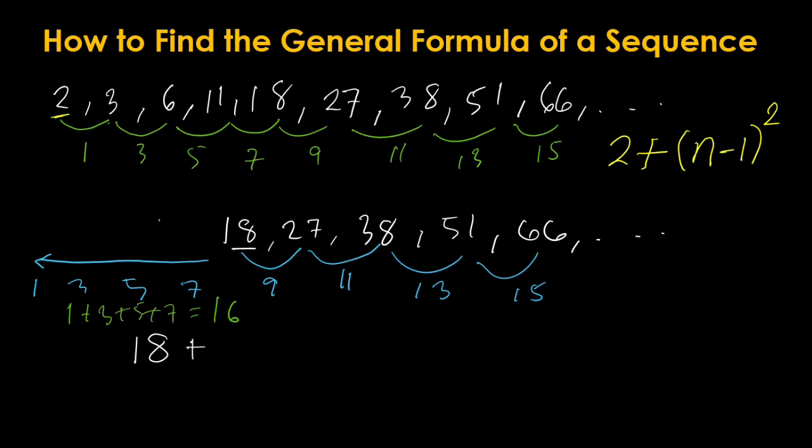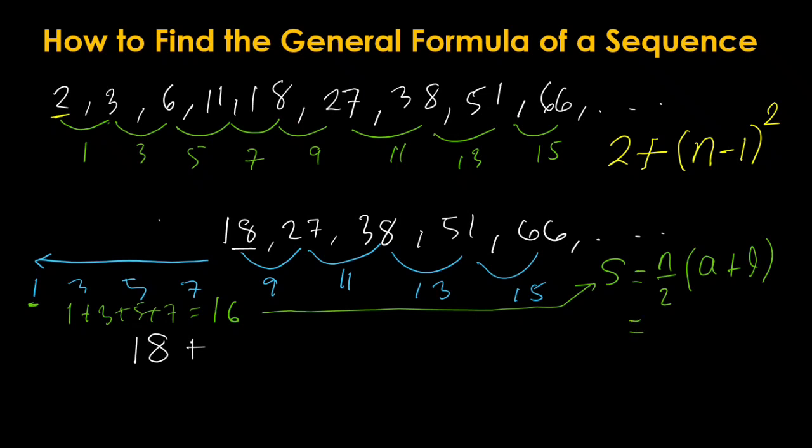Now one way to look at this when our sequence is very large already and it's difficult to sum this up, we can look at this formula, S equals n over 2 times the first term of our odd numbers plus the last term of our odd numbers, let's say L. And we still need to express what n is.